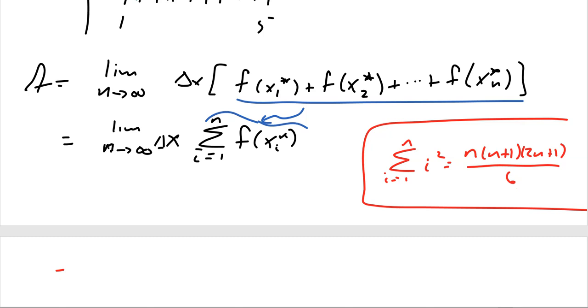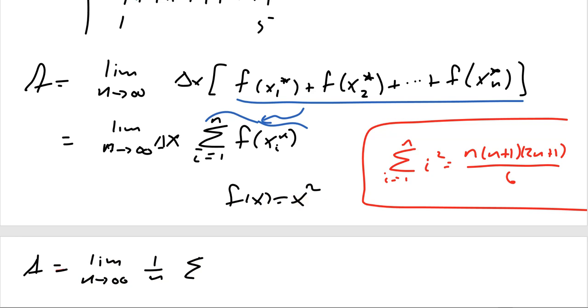So let's go back to our little area. If I want to find out exactly what the area is, then I look at the limit as n approaches infinity of my delta x, which I said in this case was 1 over n, and then we would have the sum. Now this function, remember, is x squared, and each little endpoint is something over n, squared.